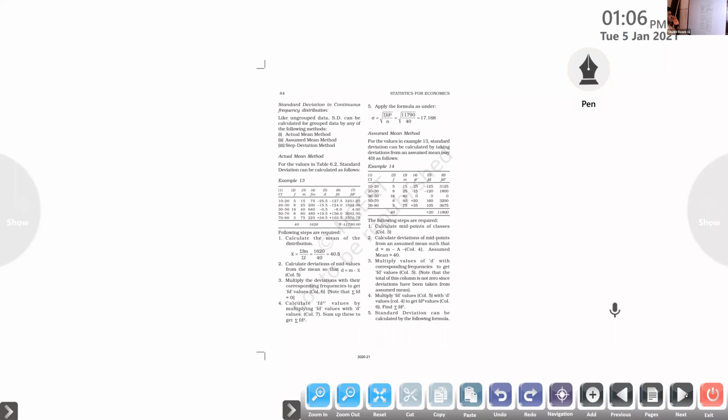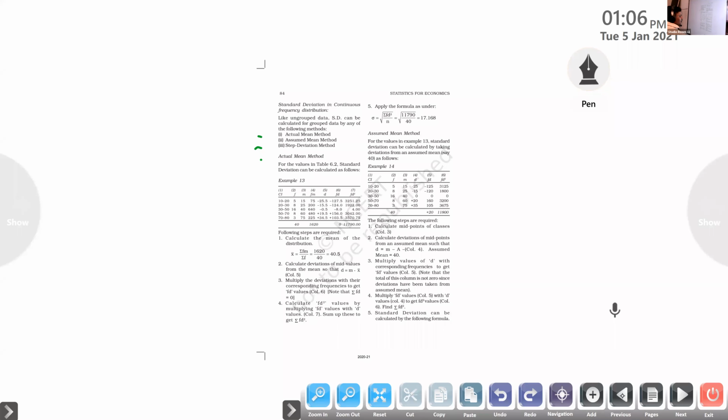Now it is a grouped one, right? Standard deviation can be calculated for the grouped data by any of the following methods. The actual mean method, assumed mean method, or step deviation method are the three methods we are using to find out the standard deviation of grouped data.